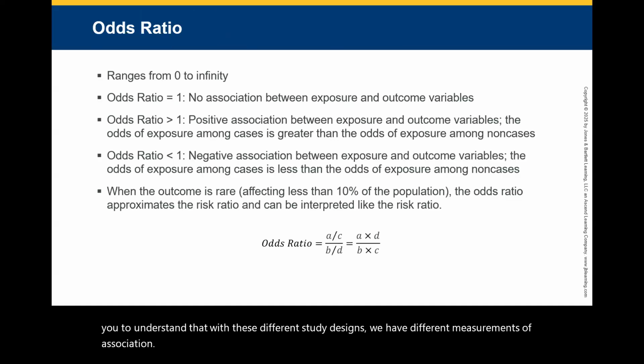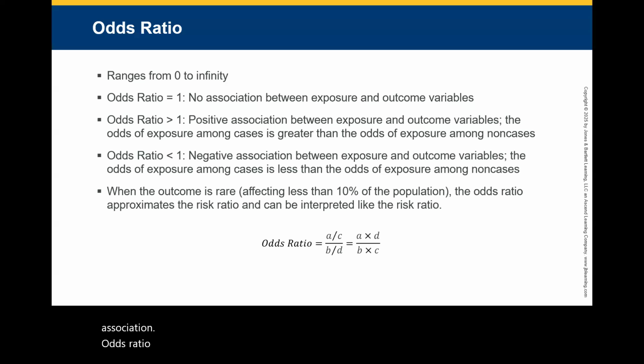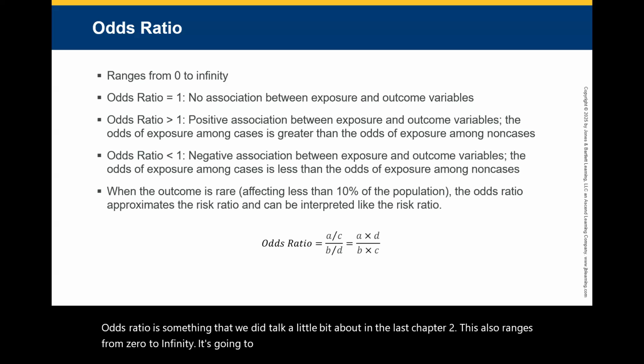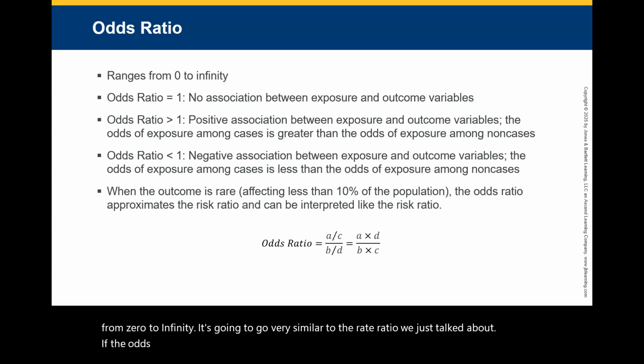The odds ratio is something that we did talk a little bit about in the last chapter too. This also ranges from 0 to infinity, and it's very similar to the rate ratio we just talked about. If the odds ratio equals 1, that means there's no association between the exposure and the outcome variables.